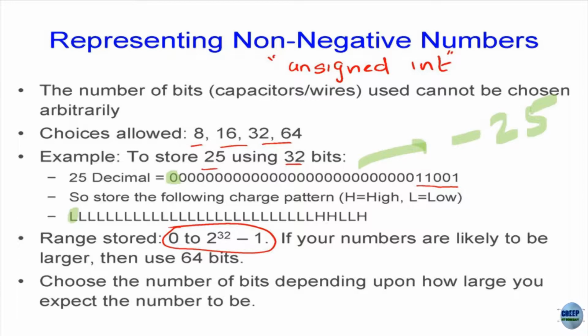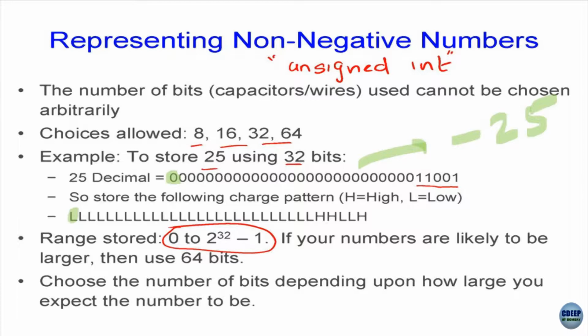You can store the charge pattern shown there. So yeah, your range of all positive numbers with this representation is 0 to 2 raised to 32 minus 1. This is exactly what you get when you use an unsigned int. I showed this as a type earlier. This is a luxury you get. You can do an unsigned int, you can also do an unsigned long int if you want more space, more representativeness.